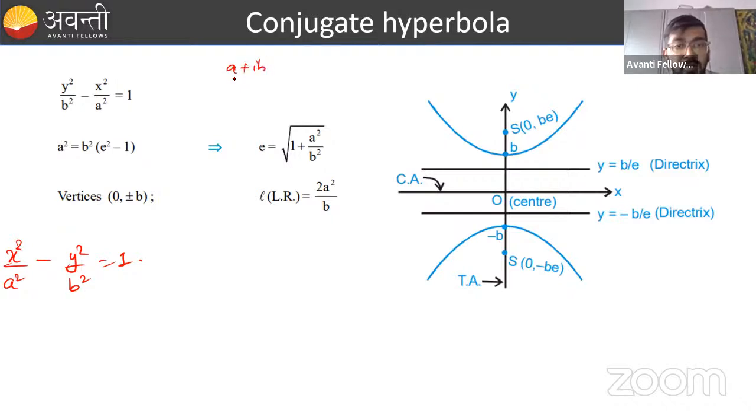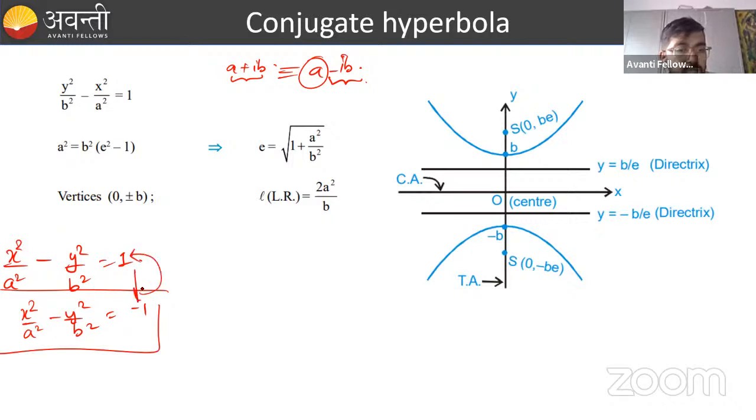We have studied in complex numbers that the conjugate of a plus ib is a minus ib, right? So the sign changes. Here in the conjugate also there is a sign change, but a unique form of sign change. This becomes x square by a square minus y square by b square equals minus 1. This 1 becomes minus 1.